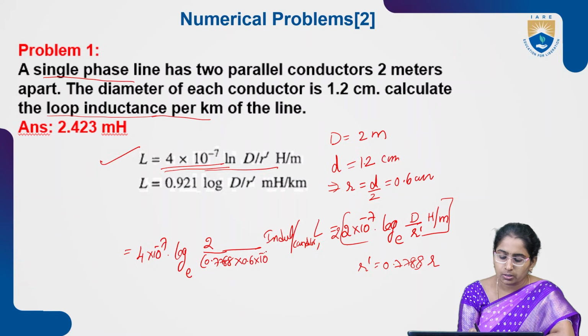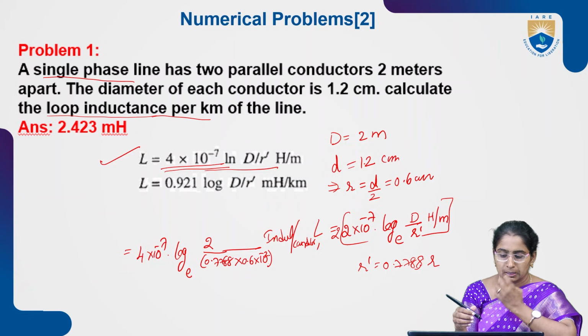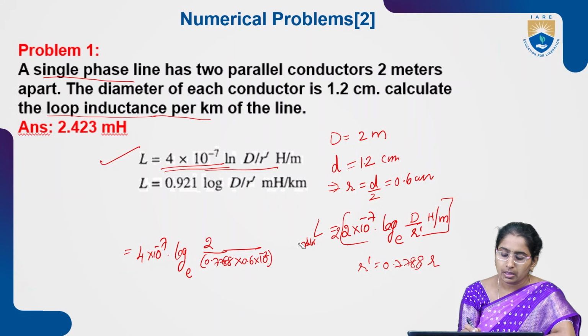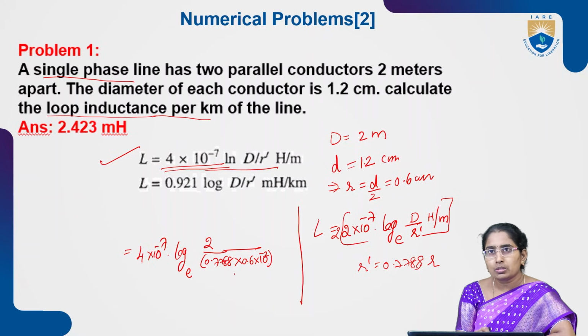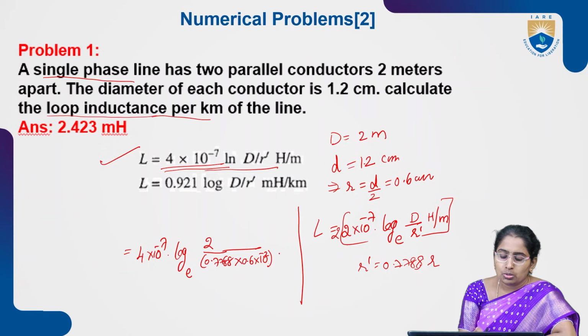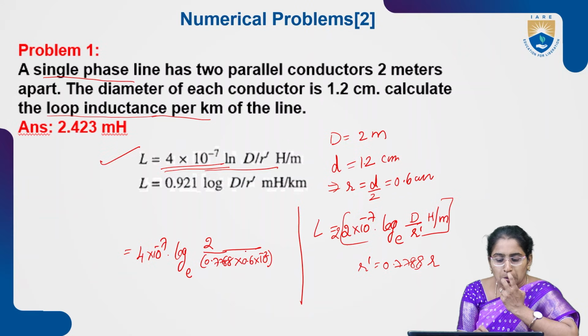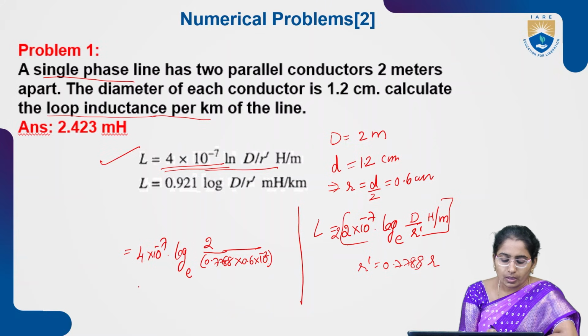Convert that into meters, 1.2 into 10 power minus 2 for the diameter. After calculating this, we will get the value in Henries per meter.